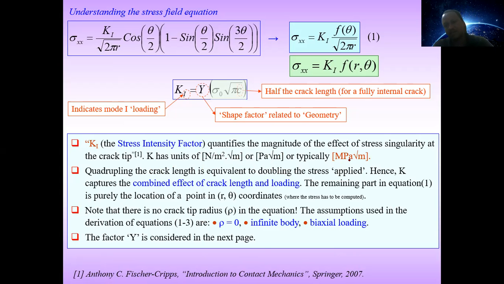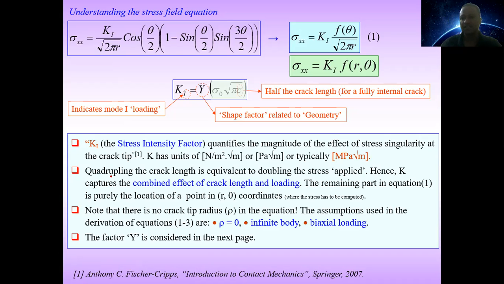Typically it is megapascal radical meter or Pascal radical meter. So quadrupling the crack length is equivalent to doubling the stress applied. Hence, K captures the combined effect of crack length and loading.